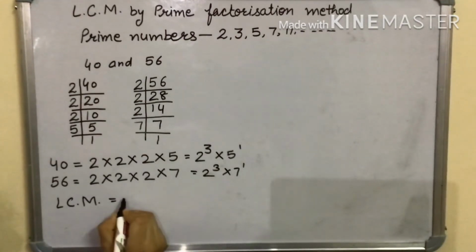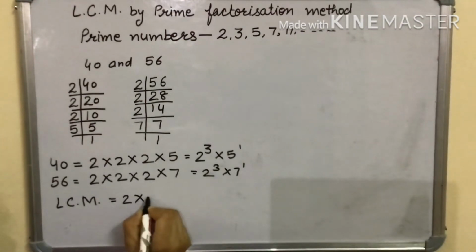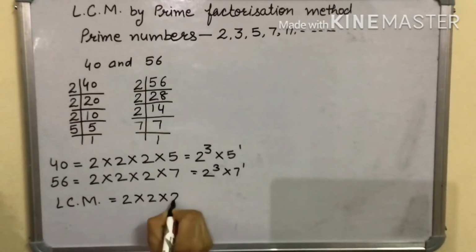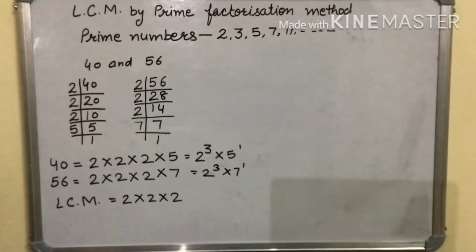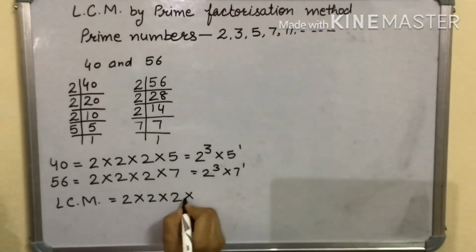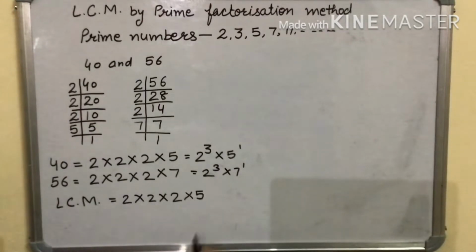So we will take 2 three times. Maximum that appears. Here we get 2 three times. So we will take it 3 times and we get 5 one time and 7 one time.